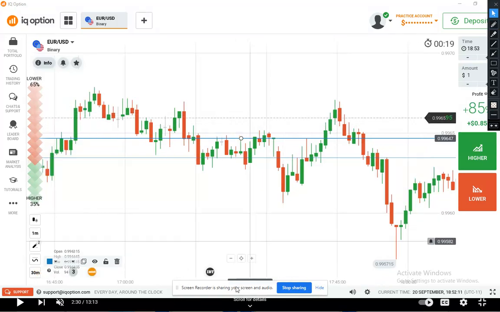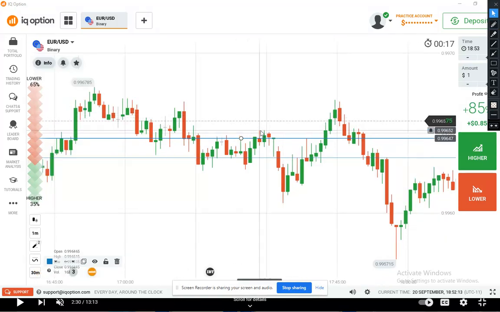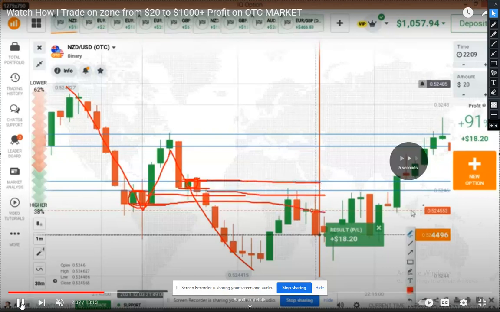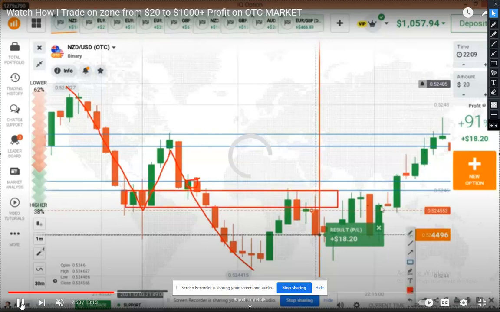Okay, so you can see that this analysis is very simple. All you have to do is pay attention. So I'm waiting for the next trade.